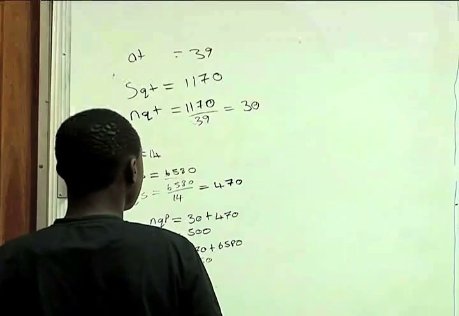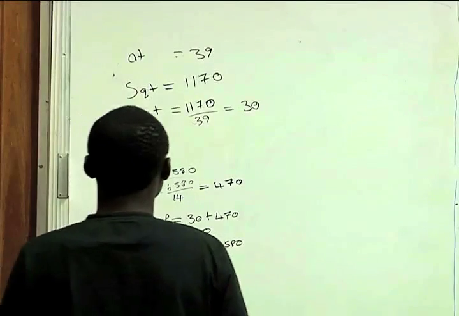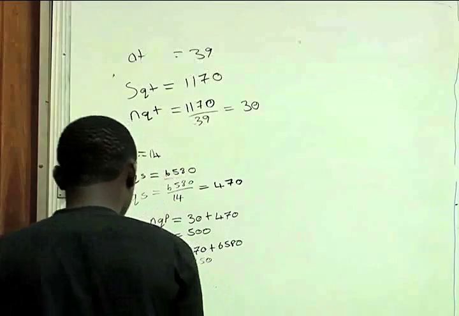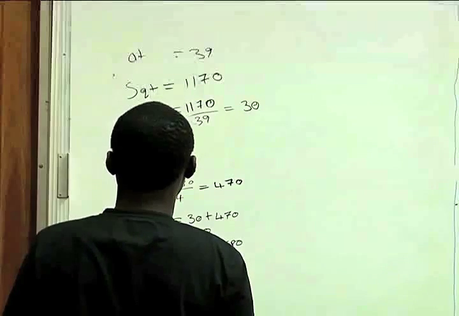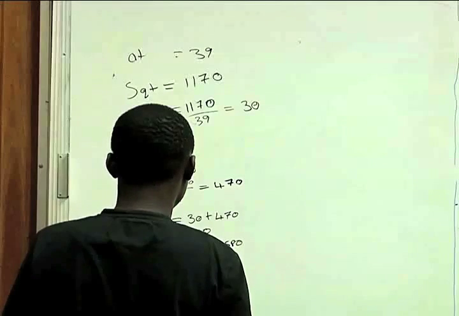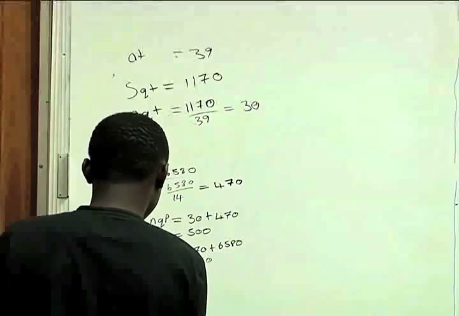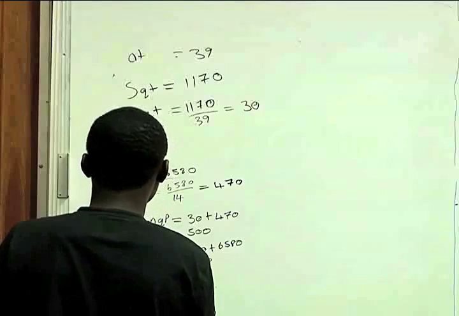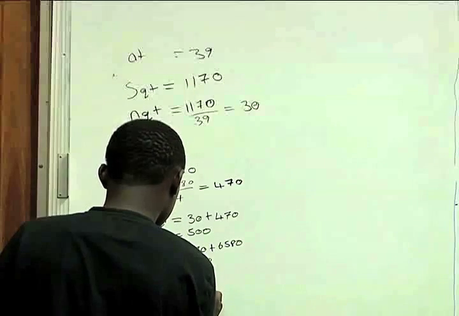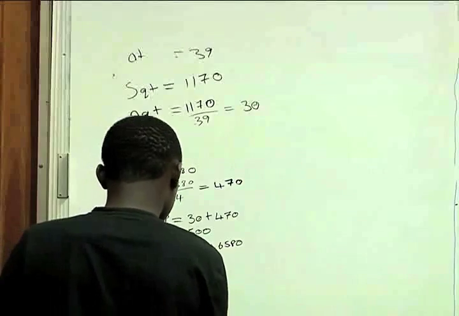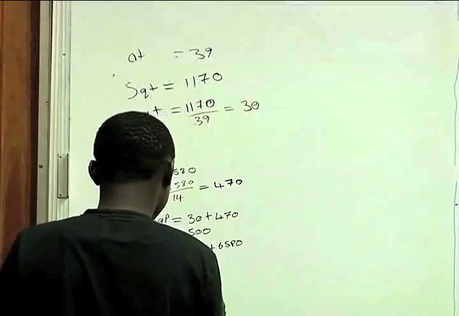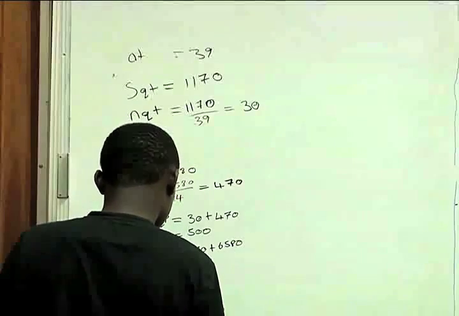Alright, now we want to find out AP. So AP, what does AP mean in this case? Average people. So AP must equal the sum of people, SQP, because P we are working with now, not true, over the number of people, NQP.